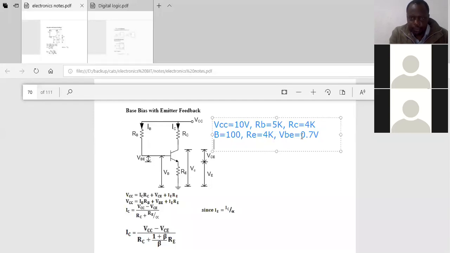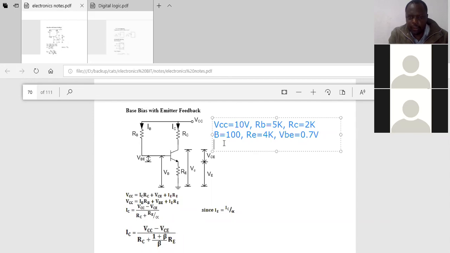RB was 5. RC was 2. Yeah, because I also thought I had given a value like 2 somewhere.